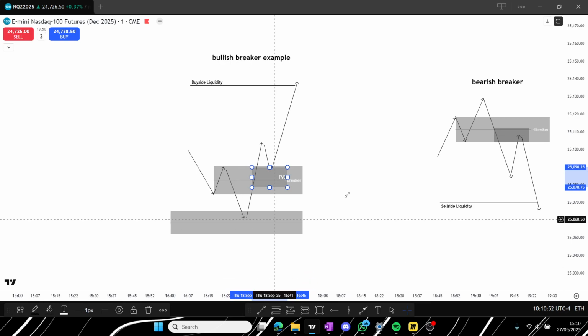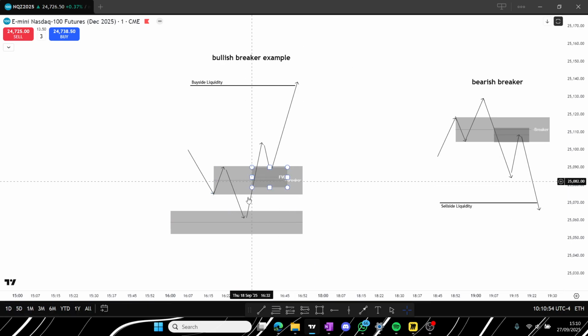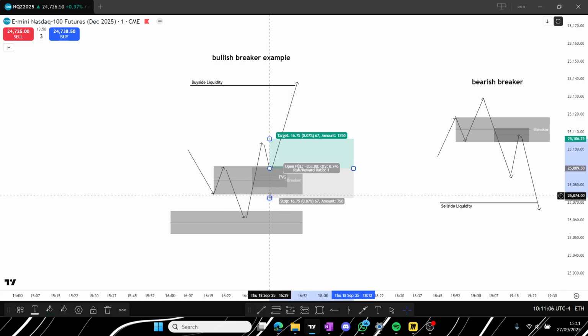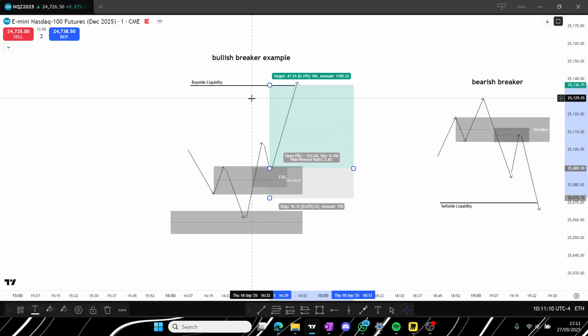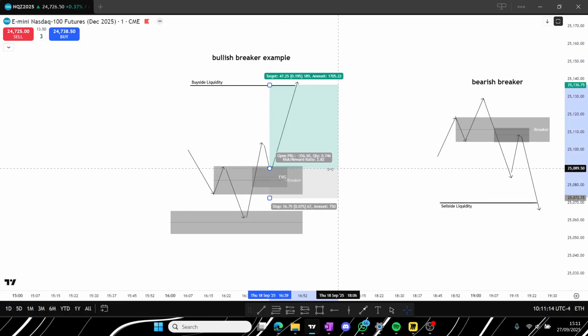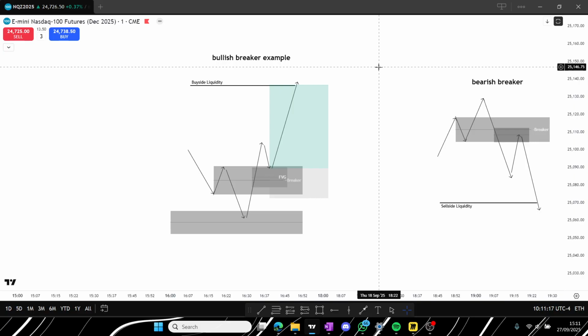So if I just label this fair value gap, this leg up creates a fair value gap. We come back, retrace into the box, the breaker and the fair value gap. I'm thinking, right, okay, this is a high probability trade. I'm slapping this long, stop loss below the breaker, target buy side liquidity. Okay, that's essentially, in a nutshell, how I trade.